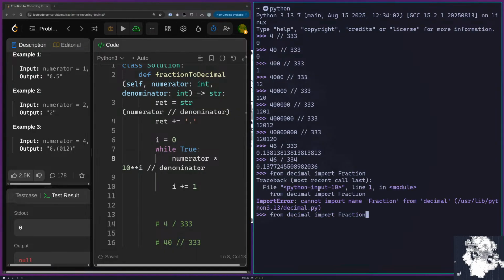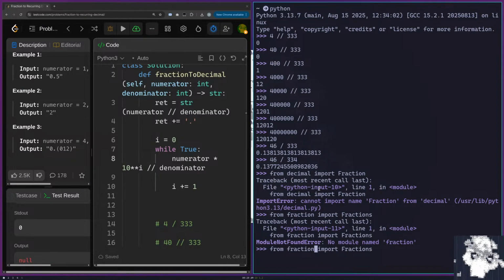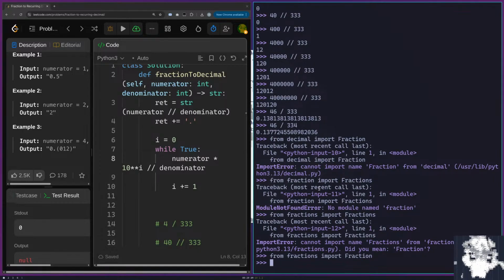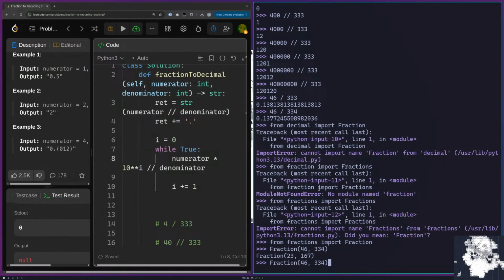From decimal import fraction? Is that a thing? From fractions import fraction. Okay. Fraction of 46, 334. I want it with like a lot of digits.